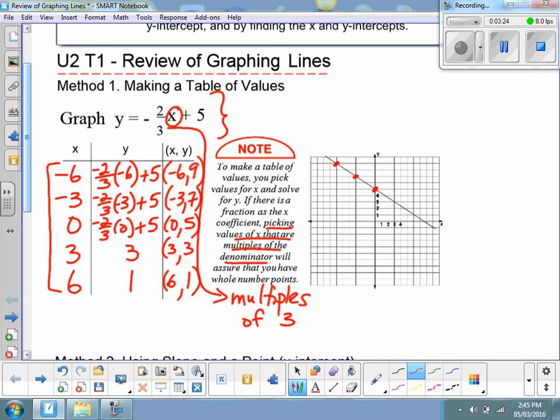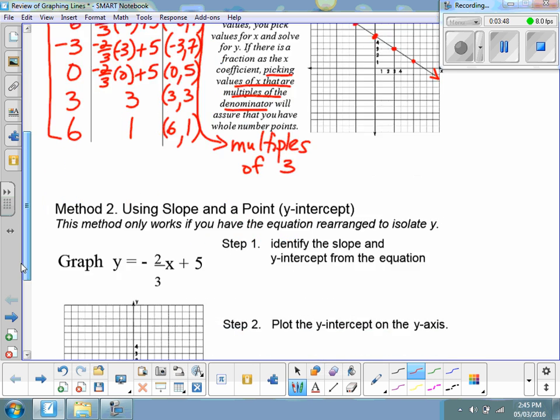We've got 3, 3. And we've got 6, 1. Whenever we graph lines on a graph, we want to put arrowheads on the end to show that that pattern continues, so it keeps going. And then we want to write the equation of the line beside the line so we know which line we've just graphed there. Okay, so that's table of values.